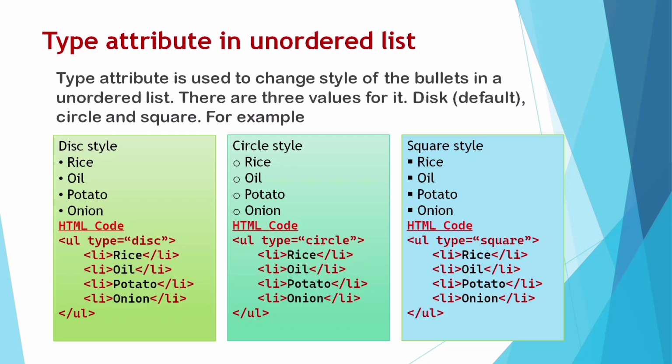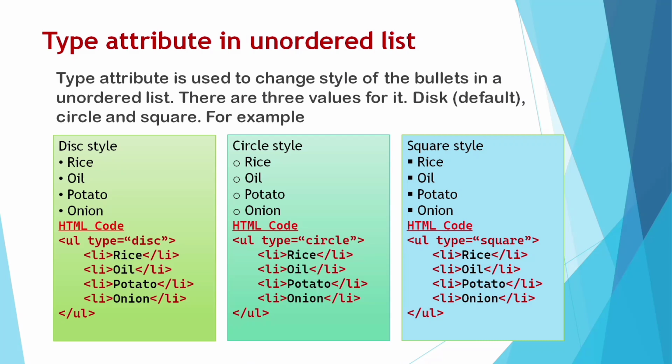By default the type is disc. If we write just ul, it will come as disc, but if you want to change it to another one, you have to write it. So to make a list with disc, we write ul type equal disc. Here inverted commas are optional, you can write them or skip them, but it is better to practice writing inverted commas.